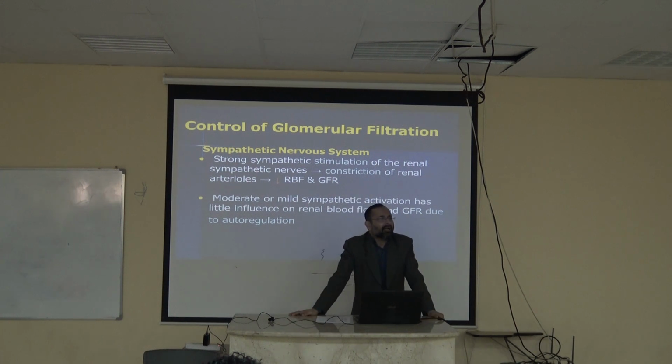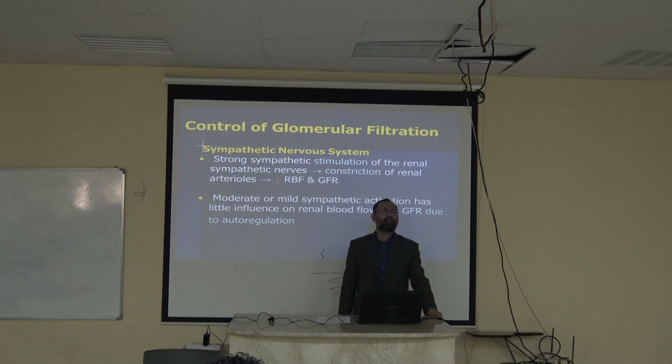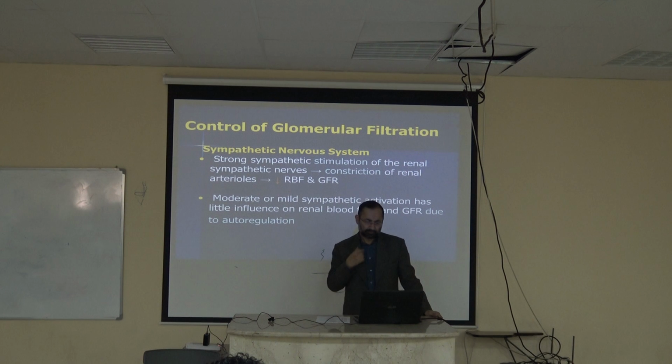Okay? Well, with a normal tone of sympathetic system, or with mild or moderate sympathetic stimulation, the kidneys are not really affected. The afferent arterioles and the interlobular arteries and the efferent, they are not really much affected by that. The change comes when there is a strong, severe sympathetic stimulation, and I gave you an example.